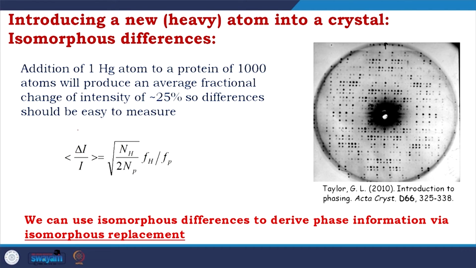The intensity difference, del I by I, equals the square root of NH, the number of heavy atoms, over NP, times FH by FP. FH is the contribution of scattering from the heavy atom, FP is the contribution of scattering from the protein. We can use isomorphous differences to derive phase information via isomorphous replacement.